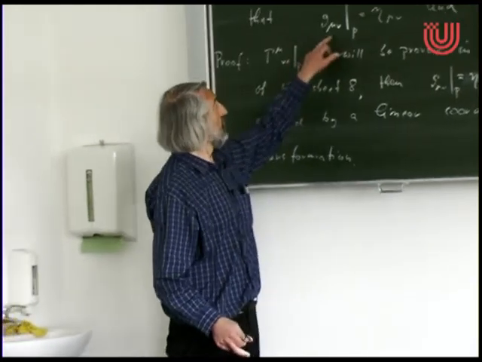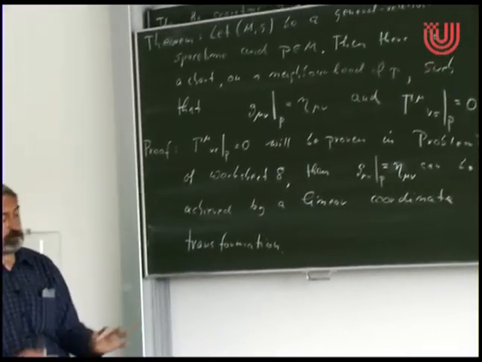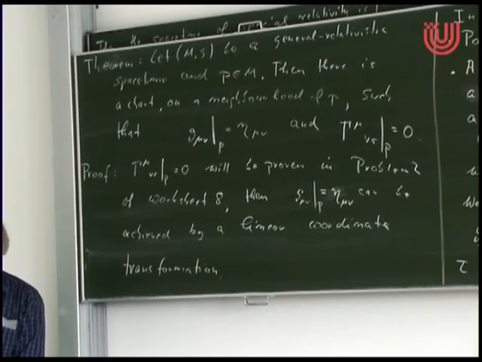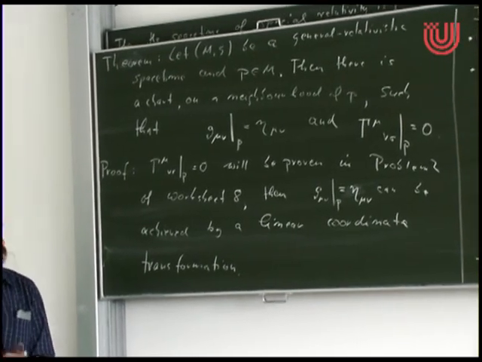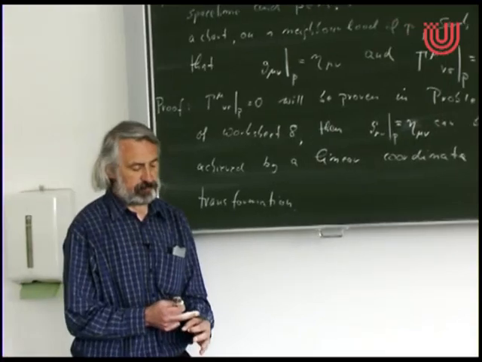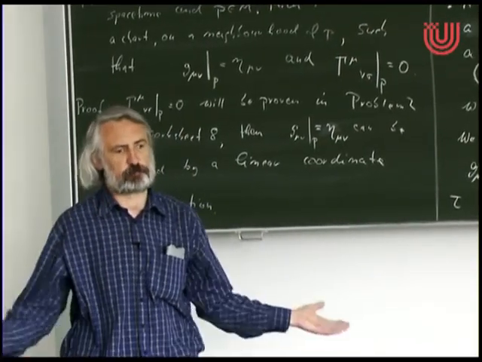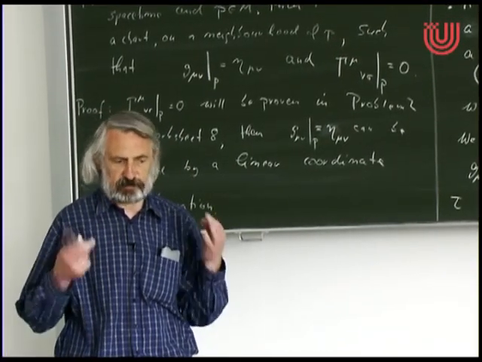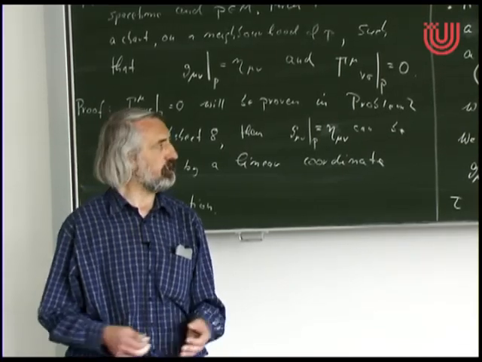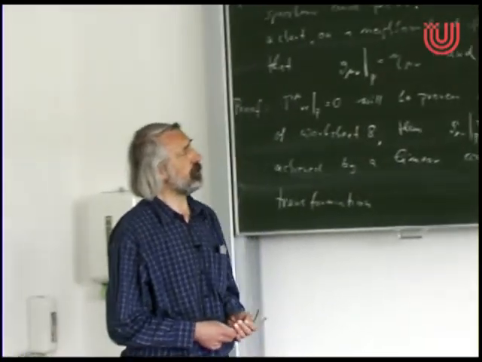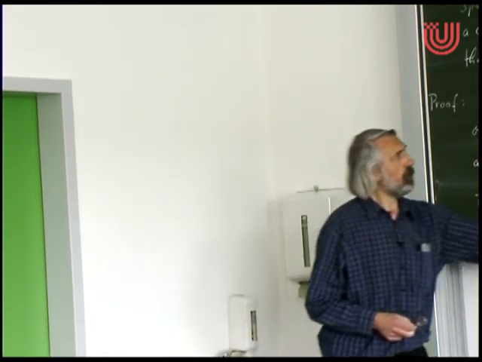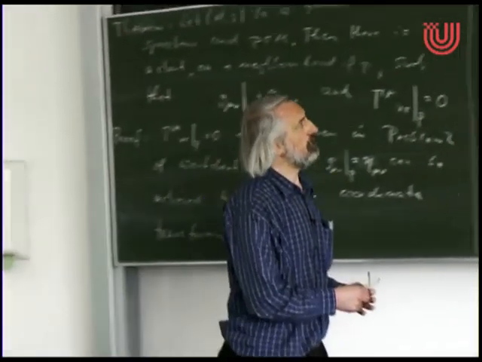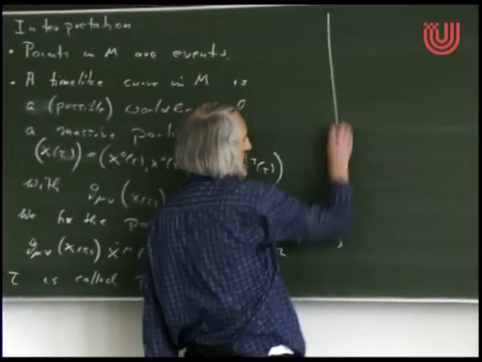With the help of this theorem, I will show in a minute that they are actually straight up to and including second order. So that's what I mean by as straight as possible. They cannot be straight to arbitrary order, but they can be straight up to second order. And that's actually what they do. So the freely falling particles, the geodesics, are the natural generalizations of the inertial motions in special relativity. So we will consider them in the next item.